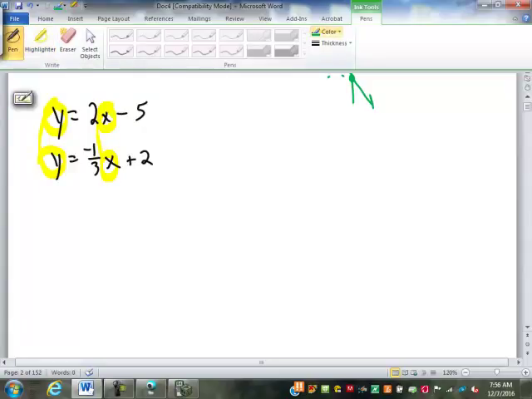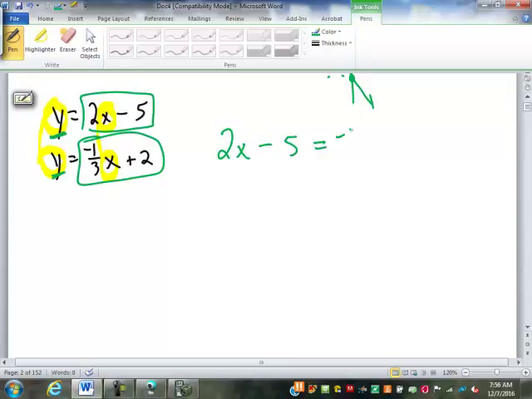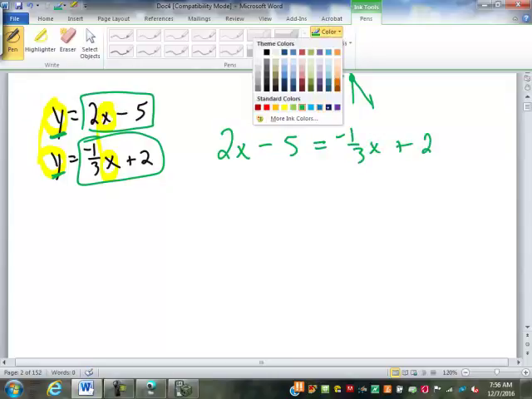The way these two equations are set up, it's actually really easy to do that. Since we know that this y is equal to this y, then the pieces that are equal to them have to be equal to each other. So I can just take those two pieces and put them equal. 2x minus 5 has to equal -1/3 x plus 2.